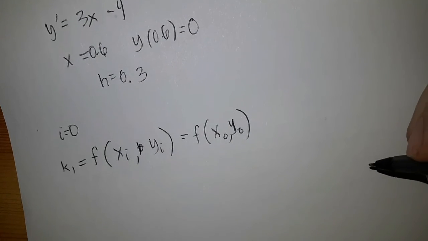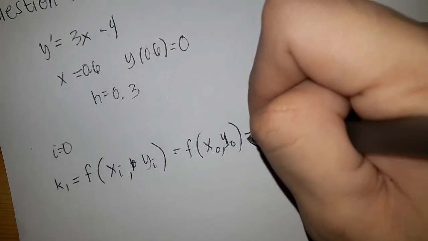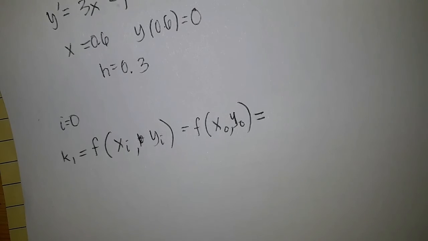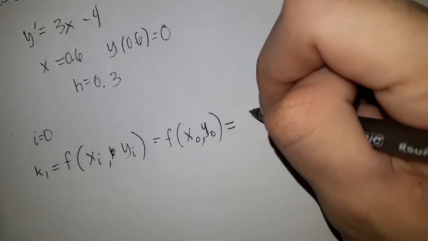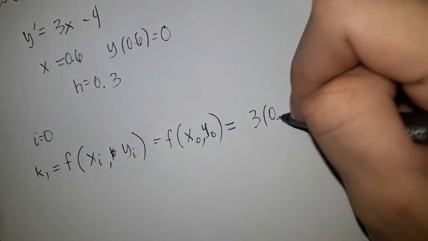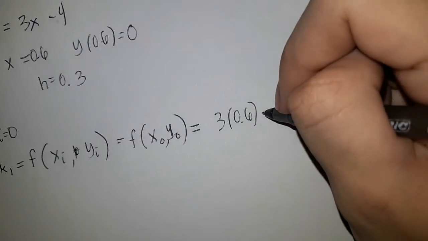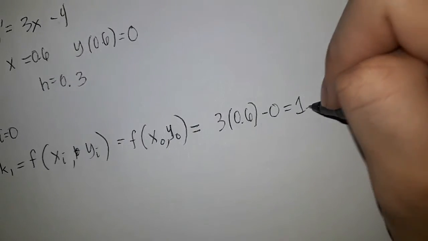So this will become 3 times 0.6 minus 0 is equal to 1.8.